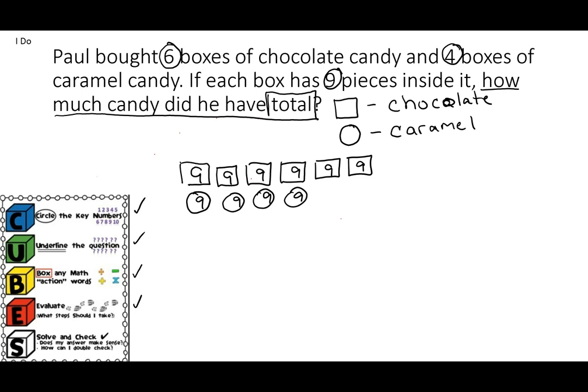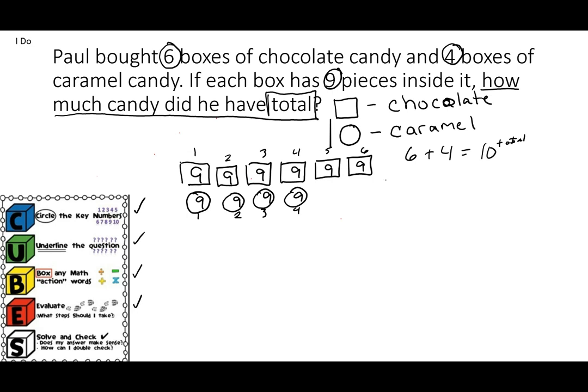So we're going to take the number of chocolate boxes. So we have 1, 2, 3, 4, 5, 6. We're going to do 6 chocolate boxes plus the 1, 2, 3, 4 caramel boxes. And that gives me a total of 10 boxes.